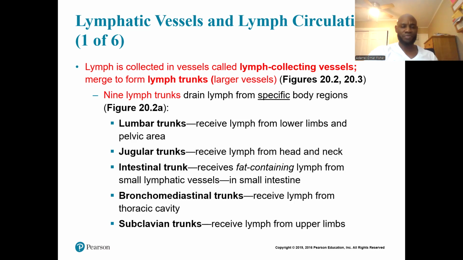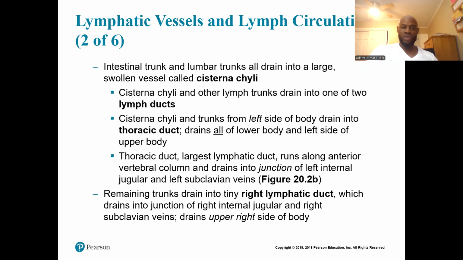So we have a similar structure to the arteries and veins. These lymph trunks, the intestinal trunk and lumbar trunk, drain into a large swollen vessel called a cisterna chyli.